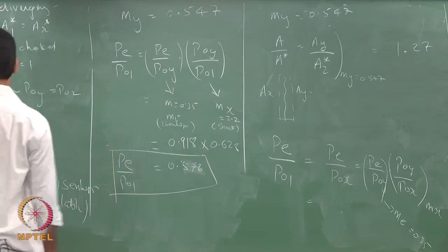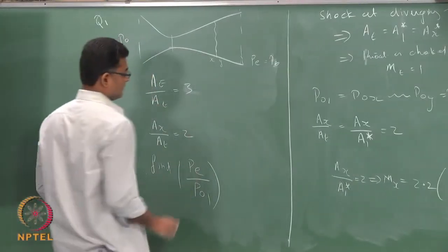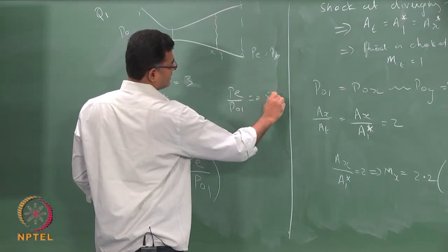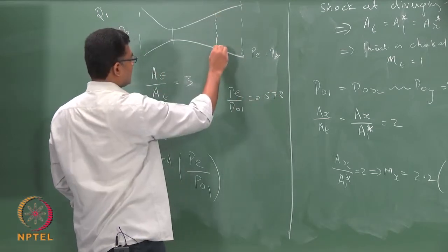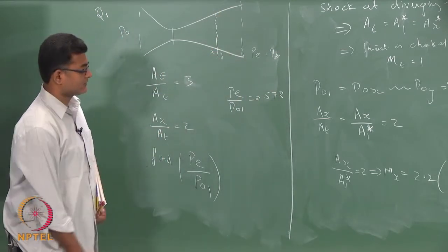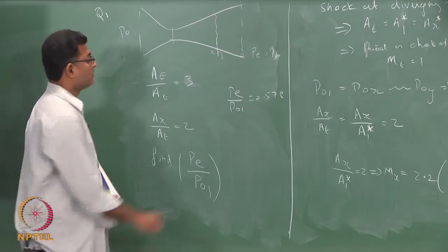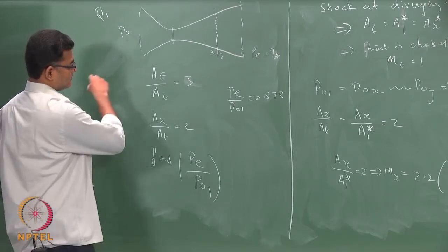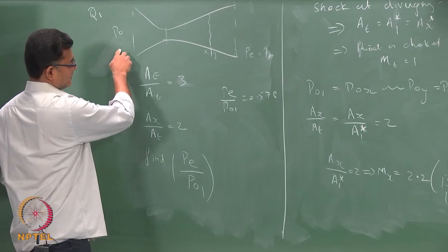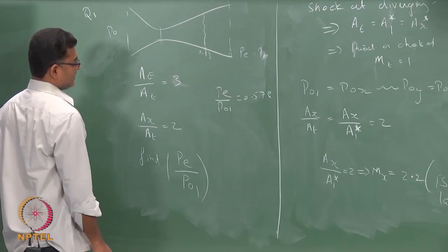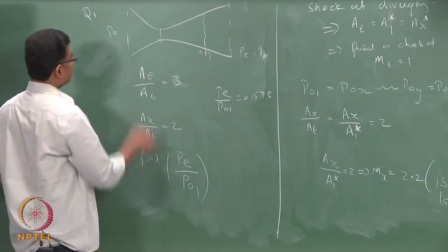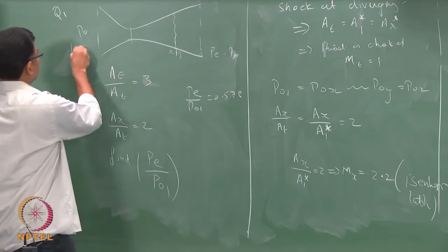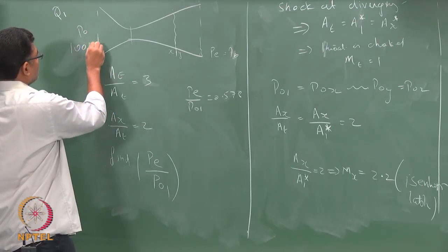If I have this pressure ratio, I come back to the question. If P exit by P01 is 0.578, I will have a shock at a location where you have this. Let us take P0 as, say, 100 kilopascal.